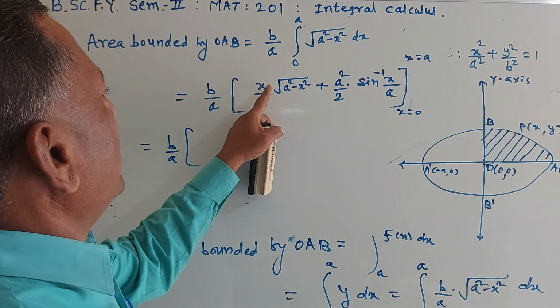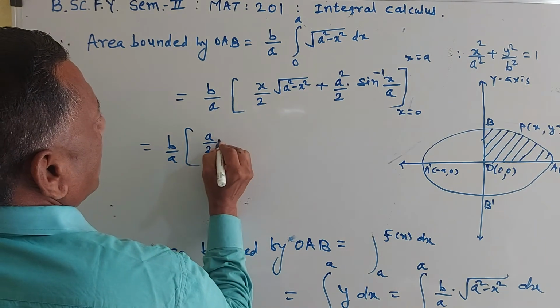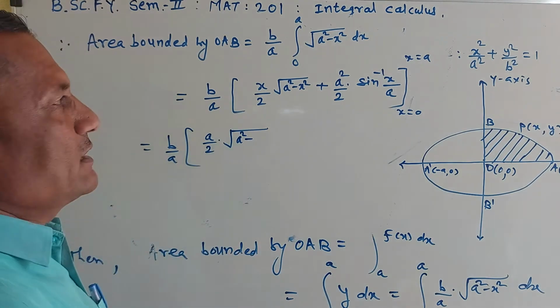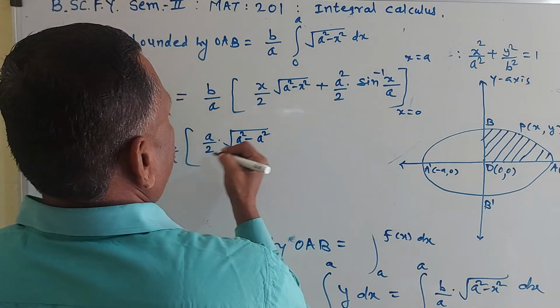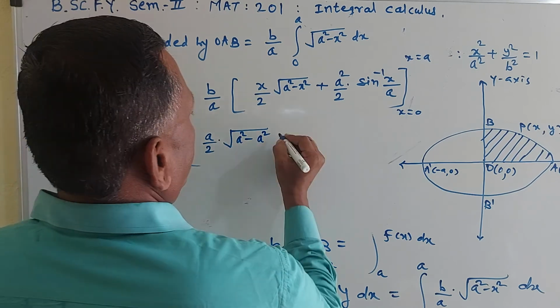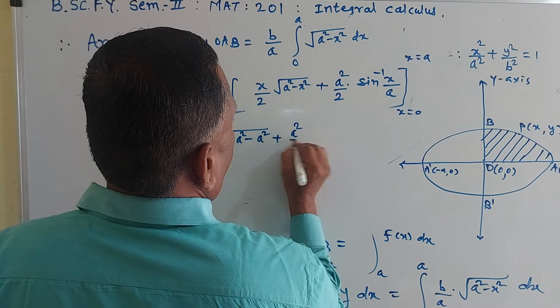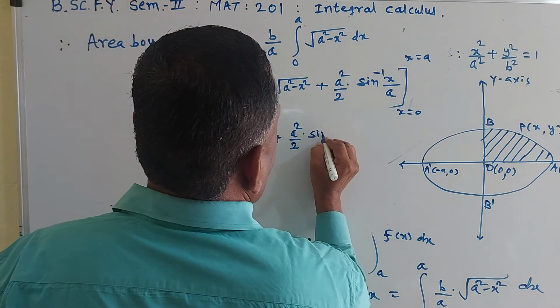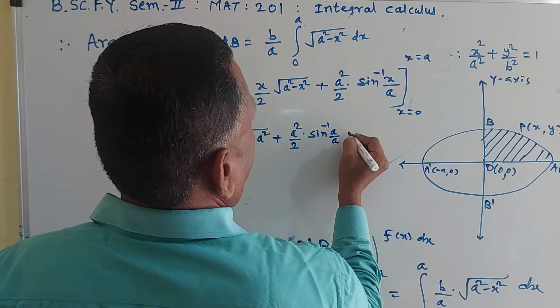If you put x equal to a, x upon 2 into the root of a squared minus x squared: a squared minus a squared means 0, so this term becomes 0, plus a squared upon 2 into sine inverse of a upon a, which is 1.